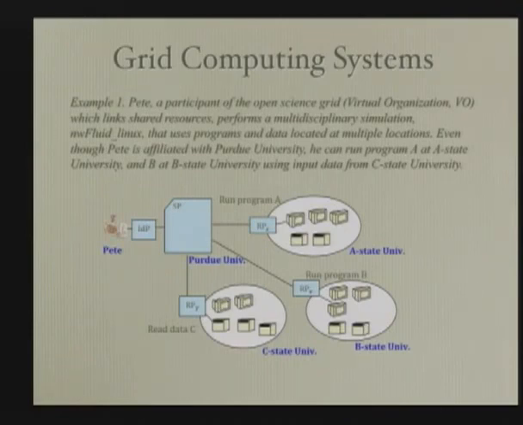He wants to run this program, but he doesn't need to copy all the input data from multiple sites to the local machines, or install the application on local machines. He can run program A at A state university, and program B at B state university by reading data from C state university.